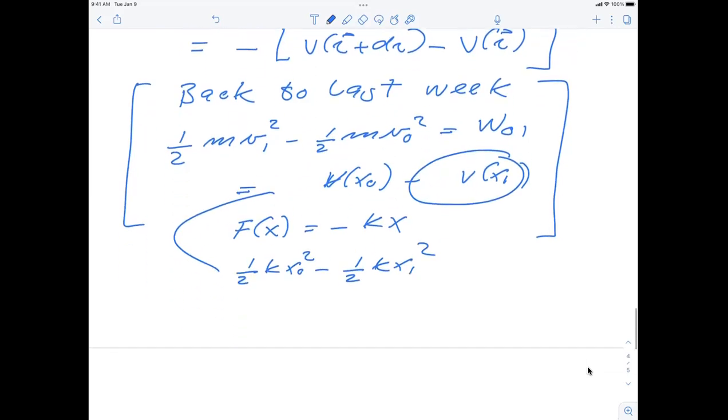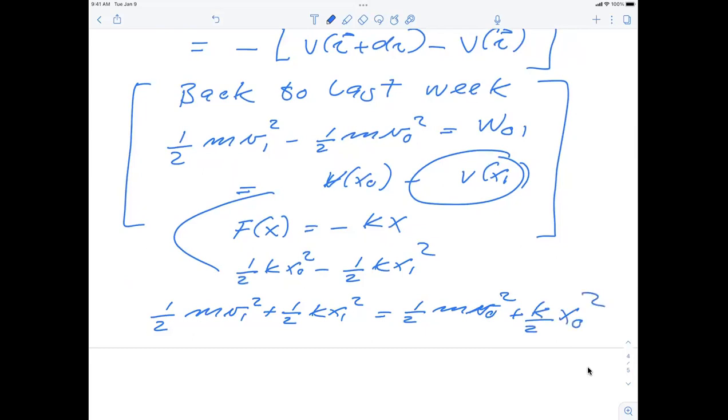And then what we could show is that the total energy was conserved: 1/2 m v1 squared plus 1/2 k x1 squared was equal to 1/2 m v0 squared plus k divided by 2 times x0 squared.